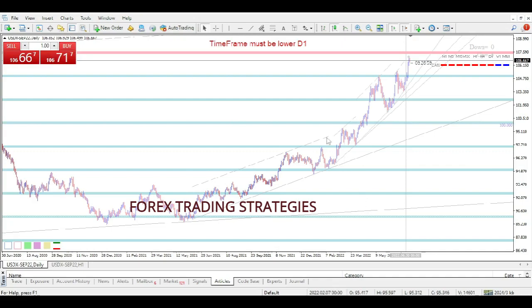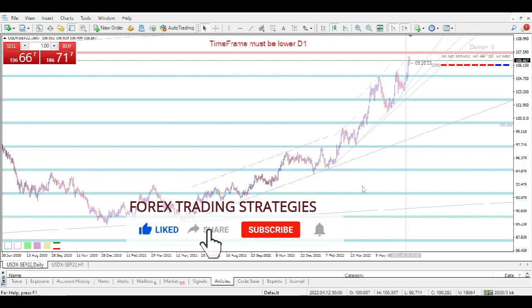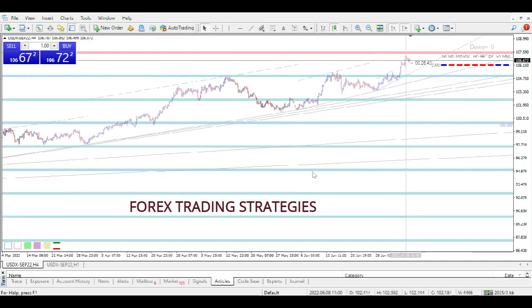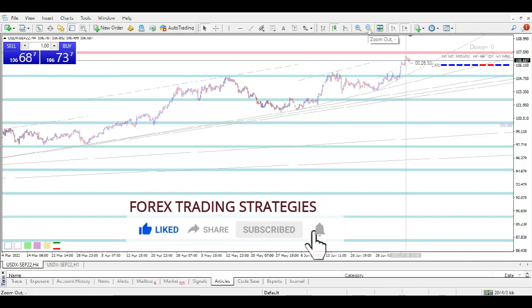Then you plotted your levels on the weekly, you plotted your levels on the daily, you understand your key zones, you understand your key levels. Then you drop down to the 4 hourly. Here we are going to find good entry zones for intraday trading.